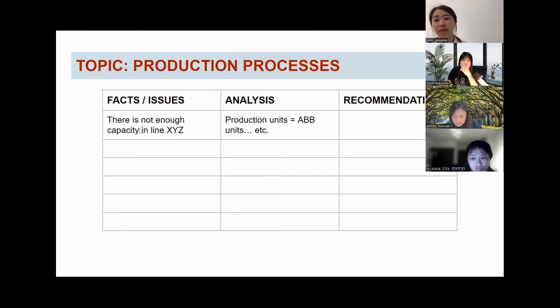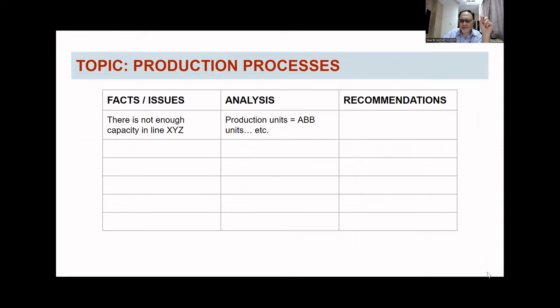This is not for today, this is probably later on. If you start going into more detail, you can use this format to do the analysis. This is a table. The first column is facts and issues.